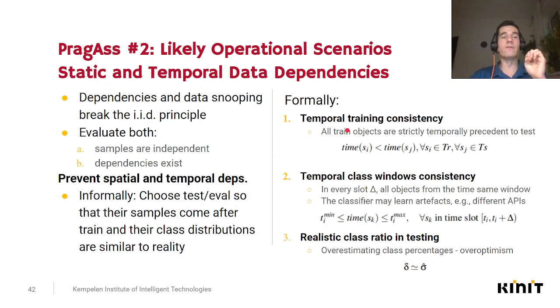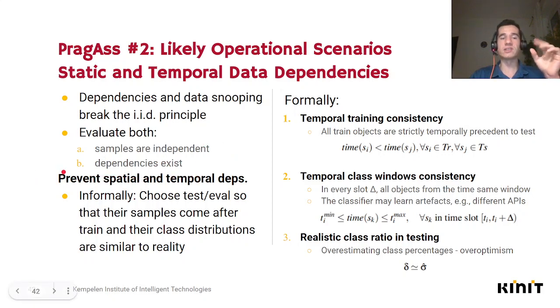Then we were talking about the static and the temporal dependencies before, so just a very quick recap. There are dependencies in the data, network data especially, which break the IID principle needed for machine learning. So we should evaluate both cases, when samples are independent and when some dependencies might exist.